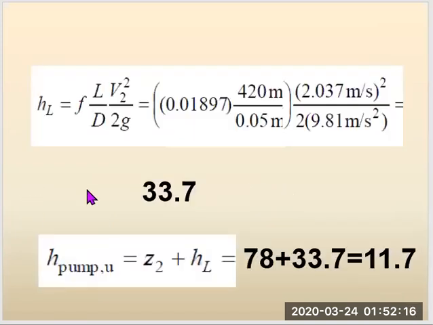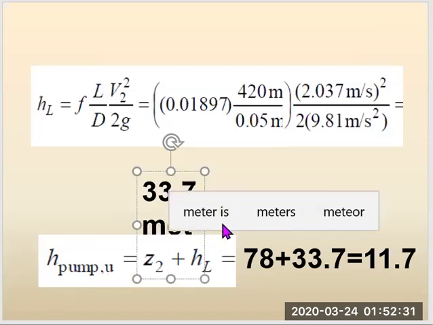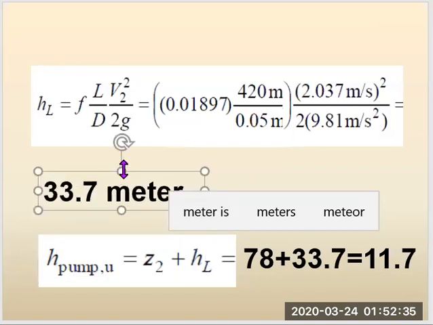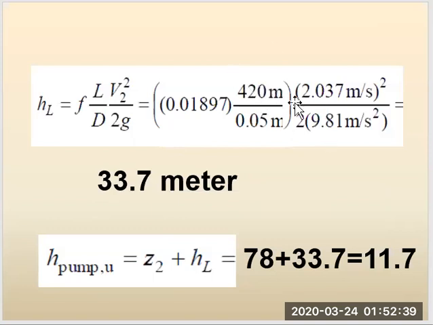Now that I have the Darcy friction factor, I plug that into the equation for the calculation of the head loss. So this is what I did. The unit of this is meter. This is very important. The unit of what I get from this head loss equation, if I use all SI units, will be a length scale in meter.